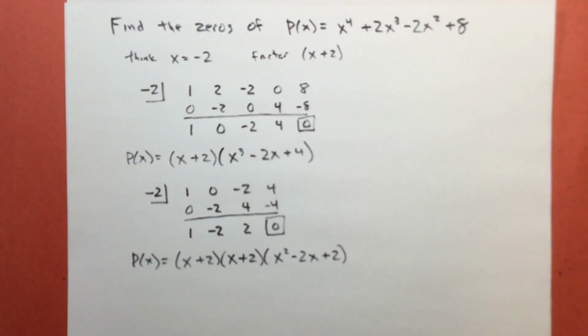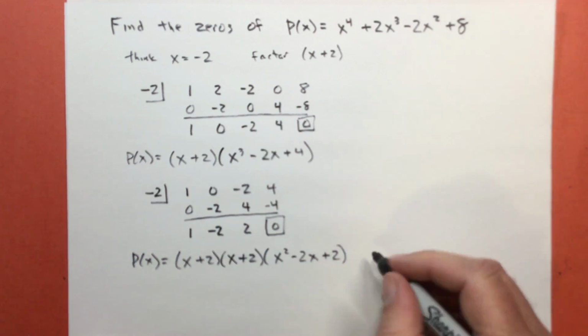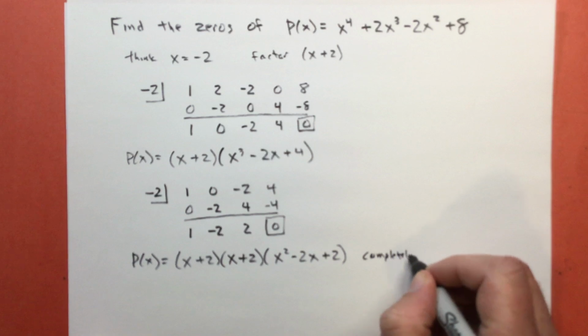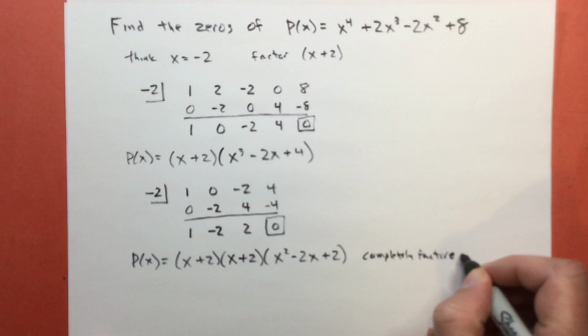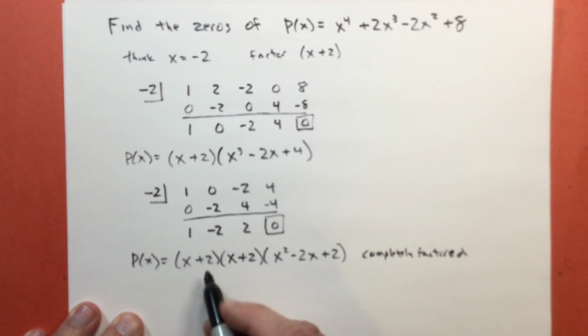So what does that mean? That means that this now is completely factored. So if I was doing this for the prep work for the project, this would be my factored form that I would have. But the question says, well, what are the zeros? All right, so I know x plus 2 equals 0.